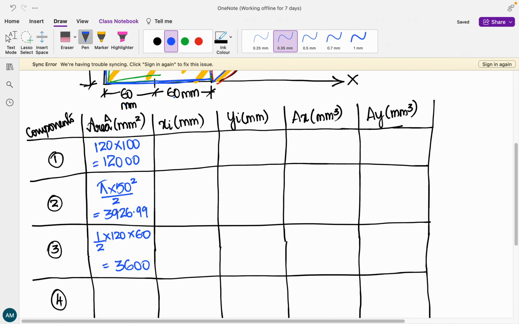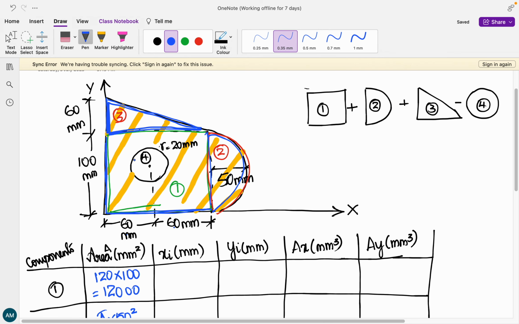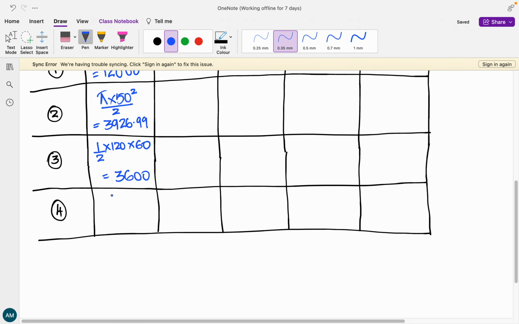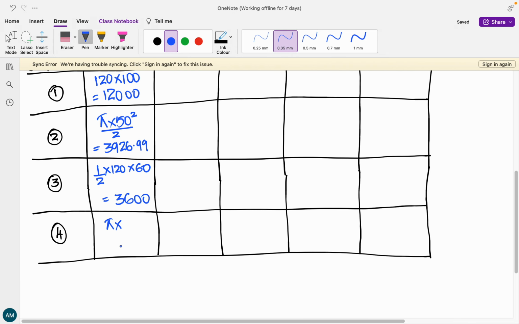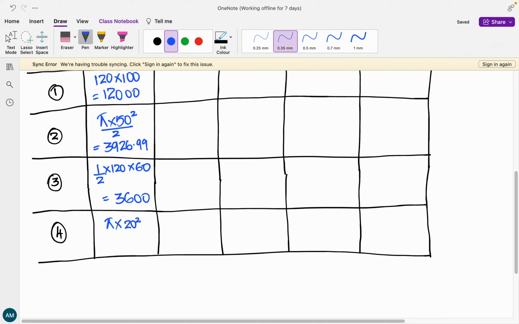Alright, the last one, that is your fourth component. Can you see over here that it is a cutout, it is not a shaded region, and can you also see that we have written minus, so we are going to subtract it. First write the area, that is pi into the radius of your given circle, which is 20. So pi into 20 square, pi r square, but with a negative sign.